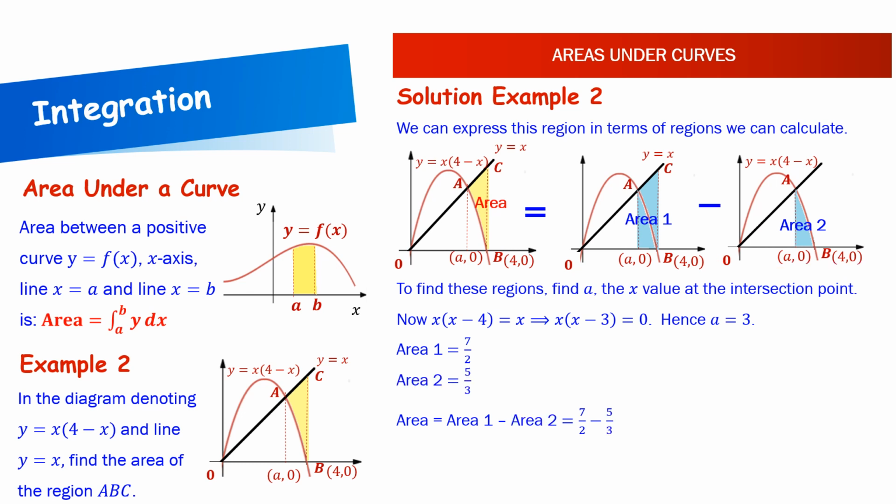So plugging in these values gives us 21/6 minus 10/6, which is equal to 11/6. And we can write this as 1 5/6.